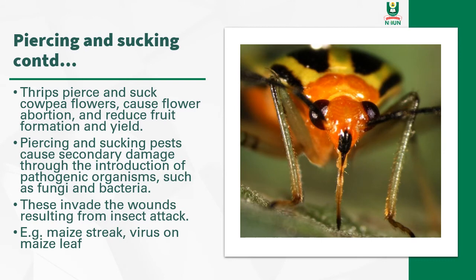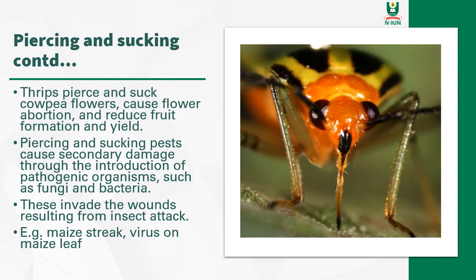So these are thrips, they pierce and suck cowpea flowers. And once they suck, the flower will just drop and that leads to abortion. And when there's abortion of the flower, no fruit can be produced. So it reduces fruit formation and yield.